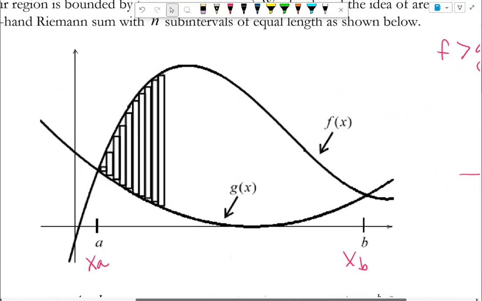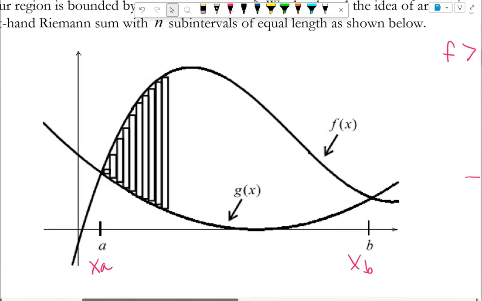So another way to consider that though is that the height of each of these rectangles in the diagram, like f of whatever this x value is, like this point up here on the curve, this is f of some particular x value. And g, the function g at some particular x value, has a height down here.